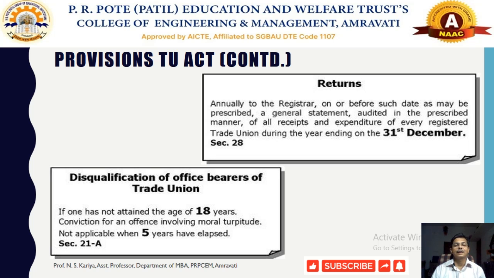If there is some legal proceeding going on against a person, that person cannot be appointed as an office bearer. If a person has recently gone through certain legal proceedings and has a jail term of, say, 5 years, then within 5 years that person cannot be appointed there.